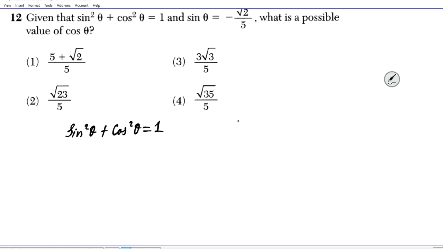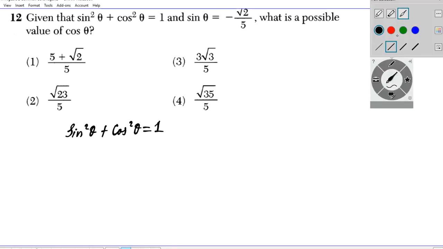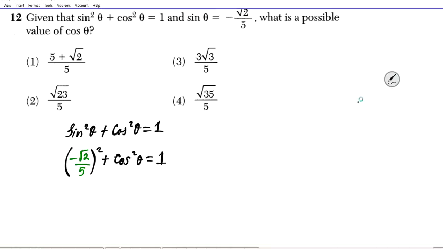So all we're going to do is substitute in the value of sine into this equation, negative root 2 over 5. Upon substitution, the next move is to simply isolate the trig function cosine theta, and that will be a result.